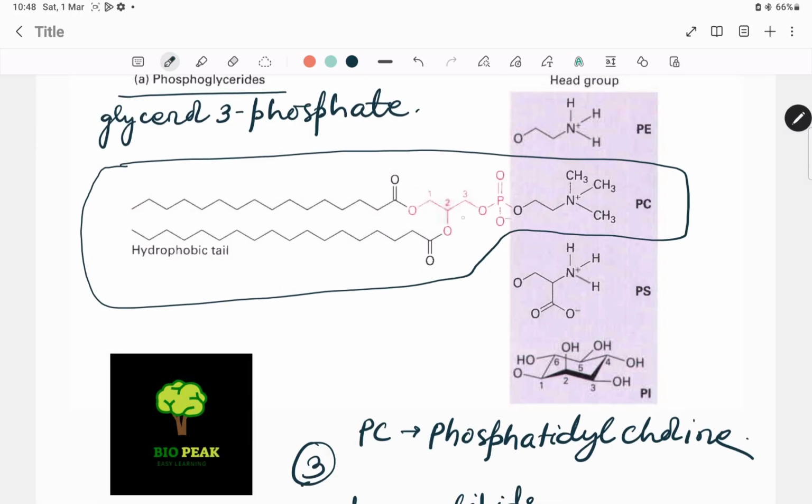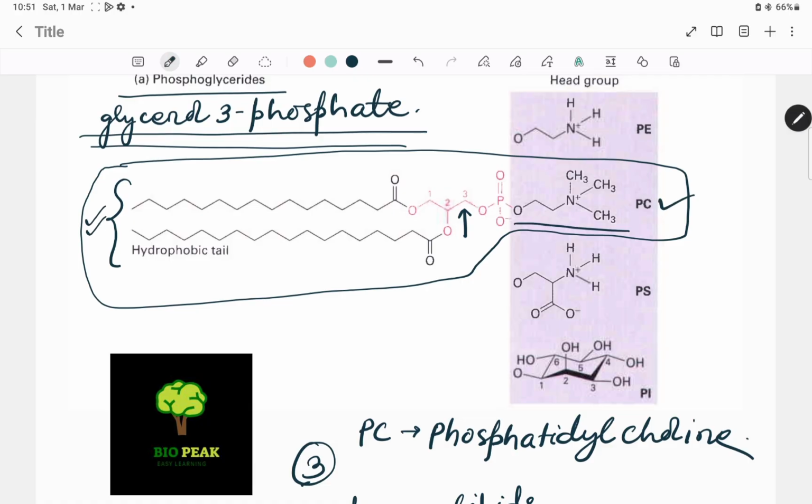In phosphatidylcholine, this red colored group is called glycerol 3 phosphate. Glycerol 3 phosphate generally contains two esterified fatty acyl chains. These black colored groups generally form esterified fatty acyl chains in PC.